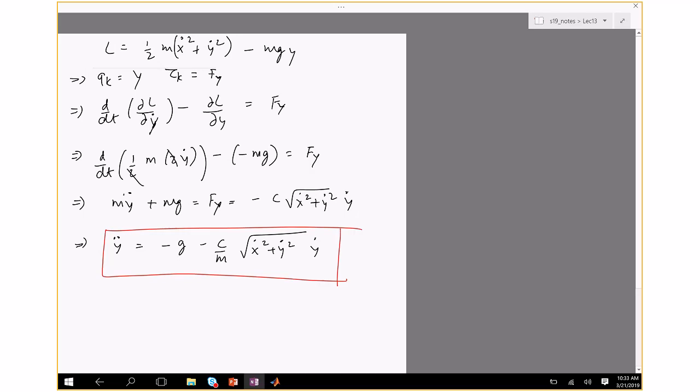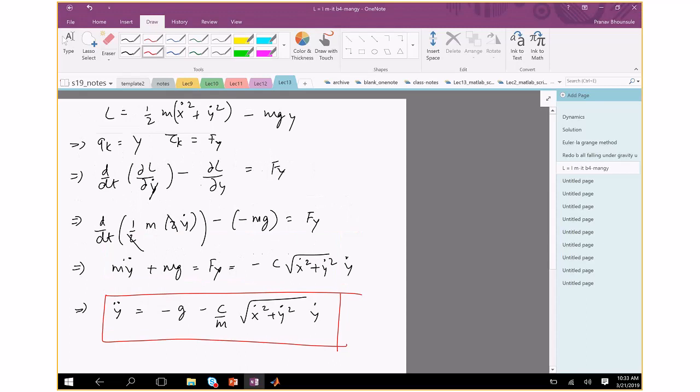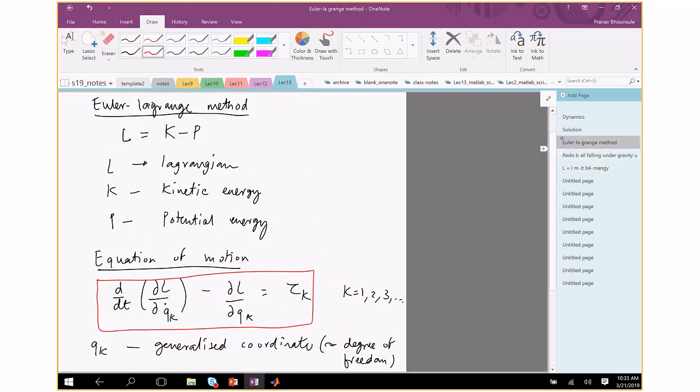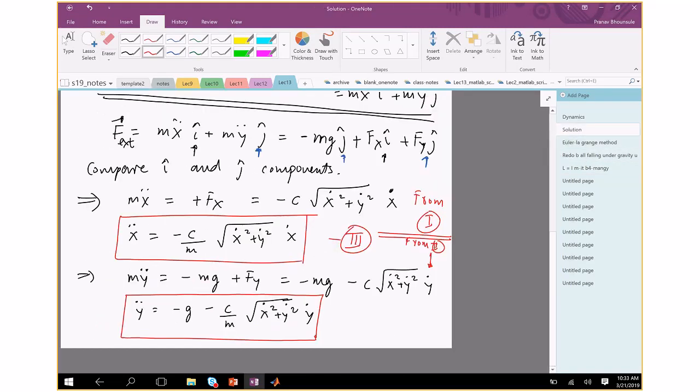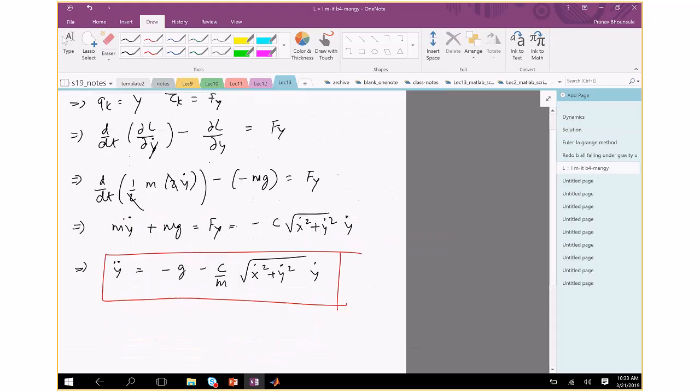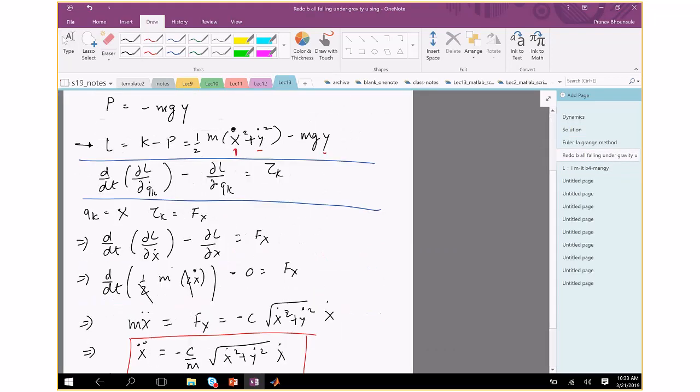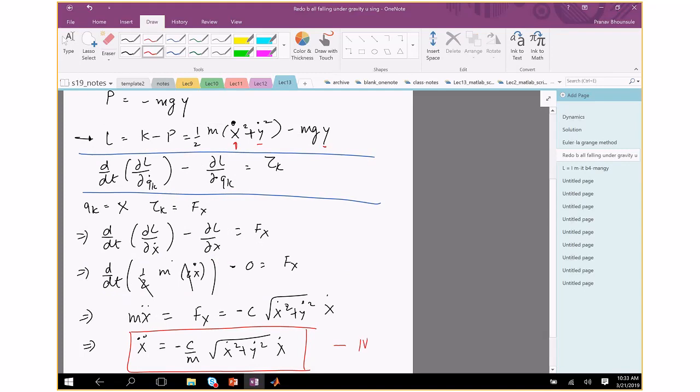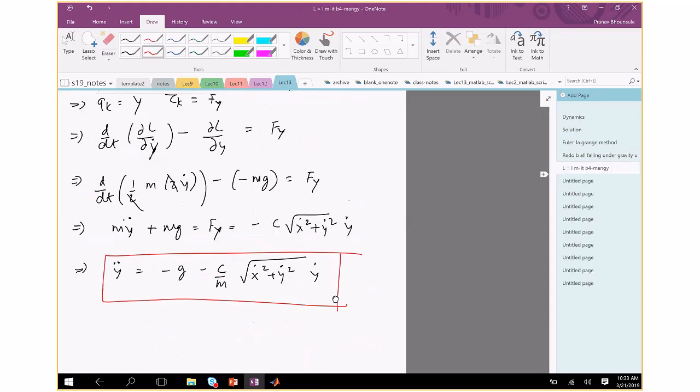Okay, and we can go and check this with our previous derivation. Here it is, the same expression, minus g minus c divided by m, and so on and so forth. So let me write this down. We call this 4 and 5.